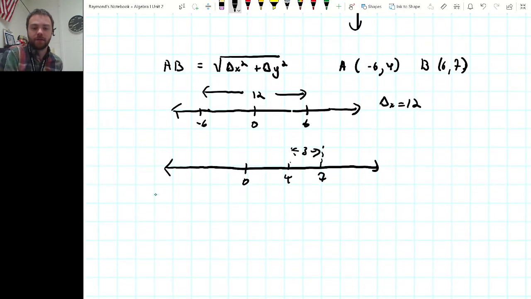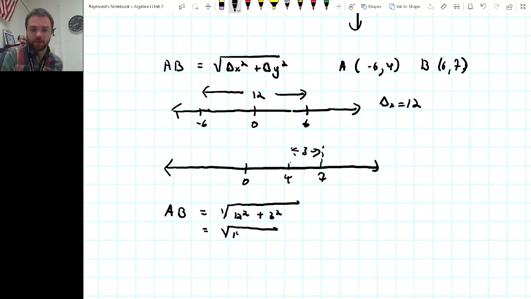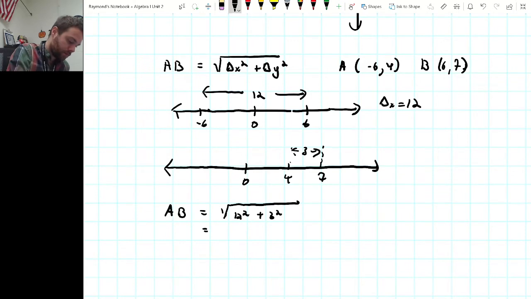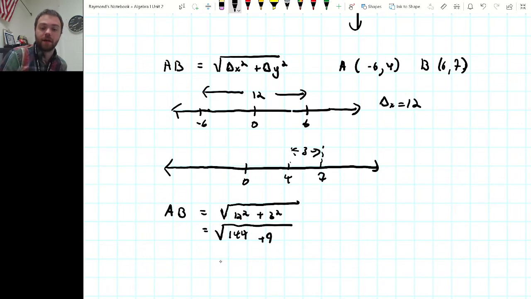So what I can do is rewrite this formula and just solve it out. AB is equal to the square root of 12 squared plus 3 squared. 12 squared is 144, plus 9, which is the square root of 153.